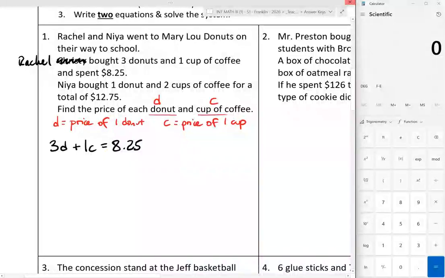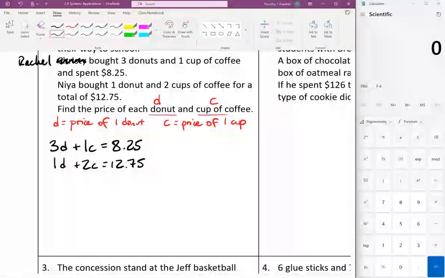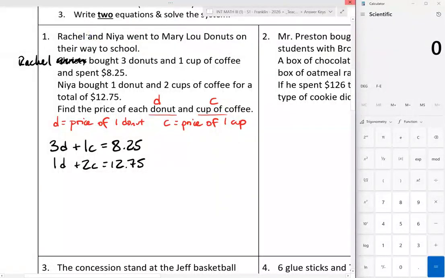And then for Naya, she bought 1 donut, that's 1D, 2 cups of coffee, and a total of $12.75. So there we have a good system. We have an equation for each person representing their total bill and what they bought to get there.